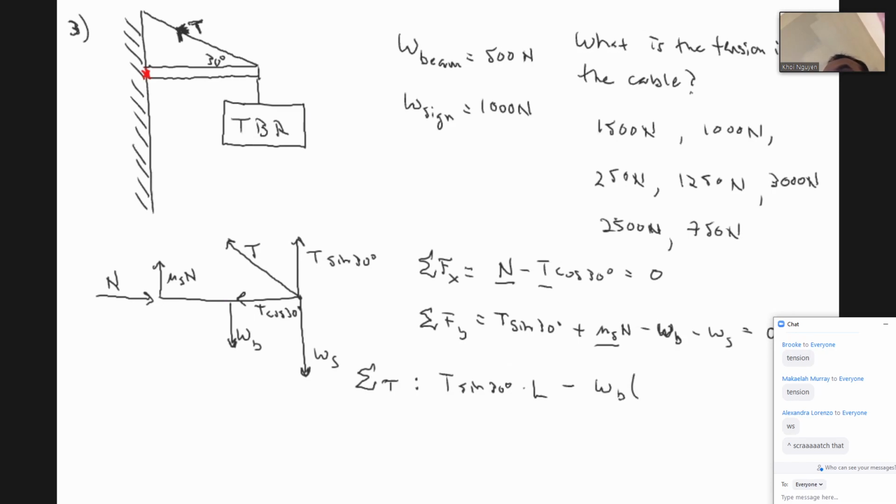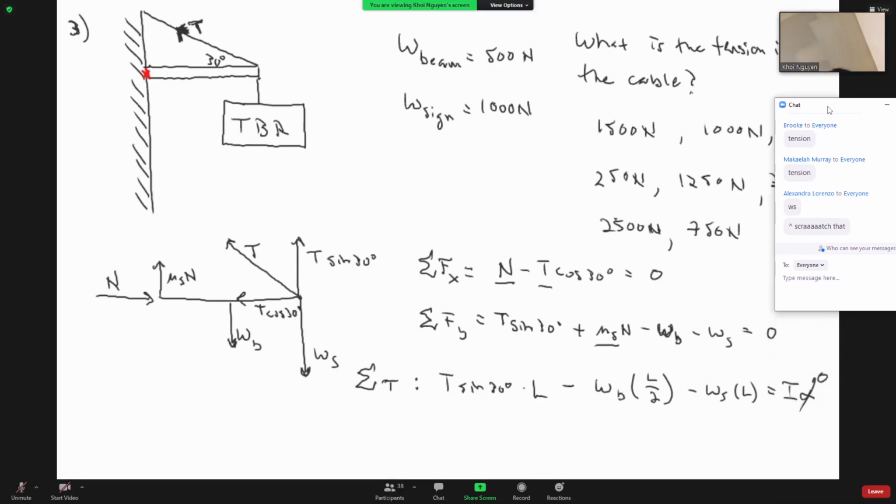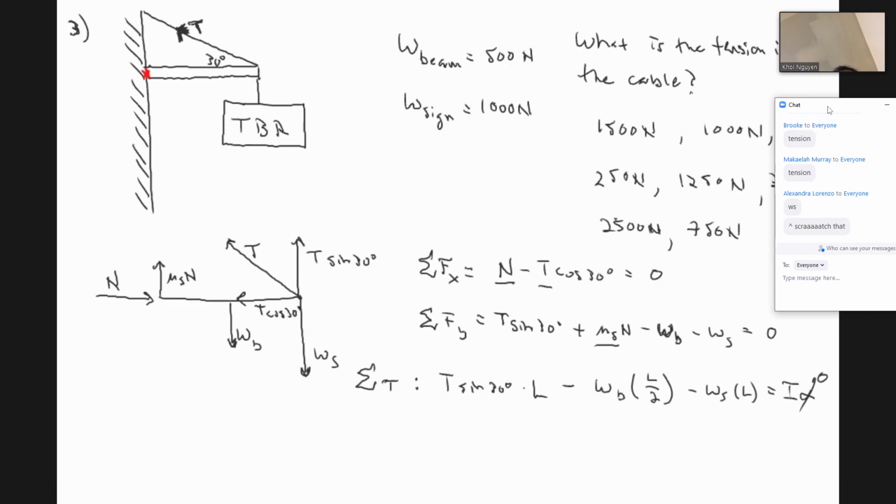The lever arm here is L over 2 because the midpoint of the beam is where the weight would act. Minus weight of the sign times L is equal to I alpha, but that's equal to 0, right? So we have tension sine of 30 times L minus weight of the beam times L over 2 minus weight of the sign times L.